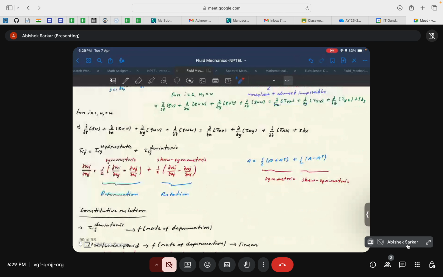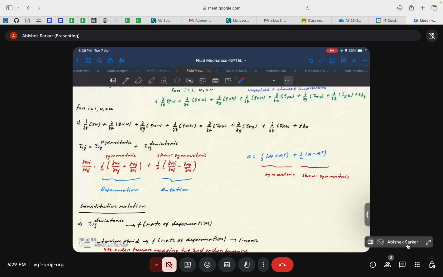And again, just one more point: these stress components, or stress tensor components, can be decomposed into two parts. First is the hydrostatic component and the second is the deviatoric component.